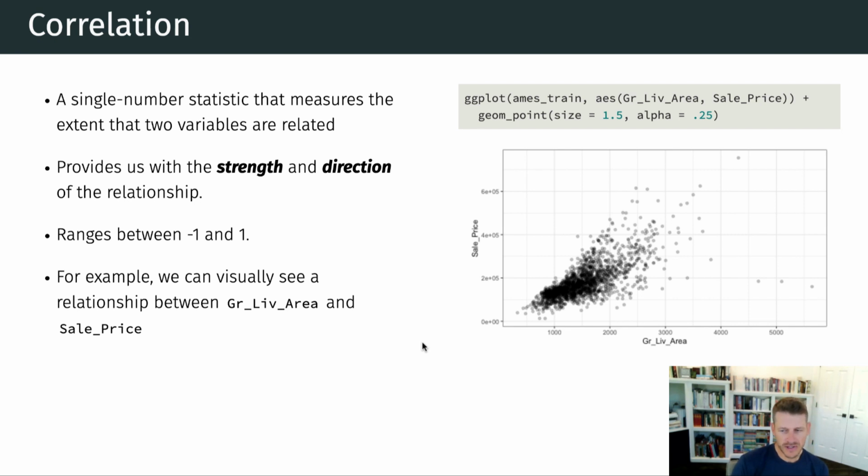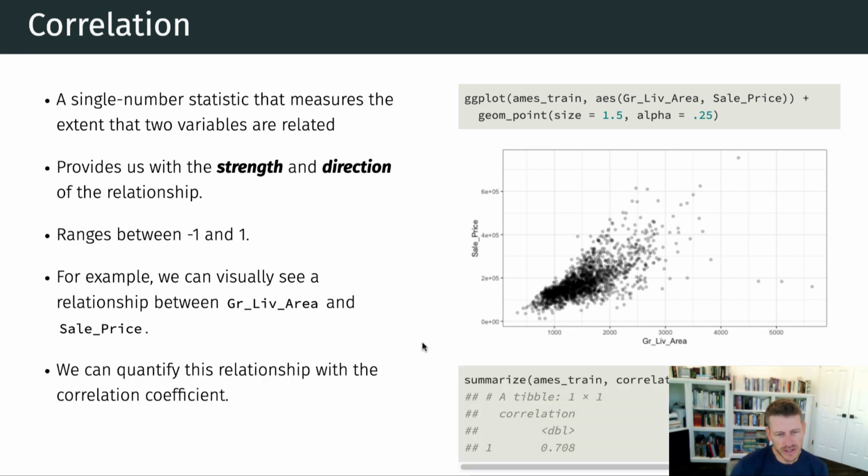Now, if we wanted to actually measure this, that's where we can use correlation, right? Correlation provides a single number, a single statistic that encapsulates this relationship. Here we see the correlation between these two variables is 0.7.